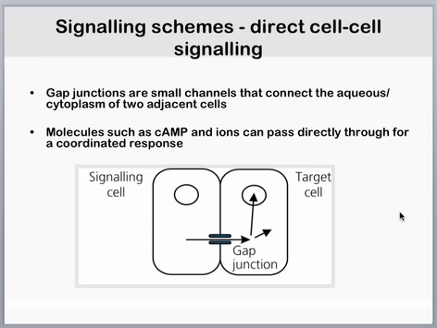Typically this channel is very narrow. It doesn't allow for the passage of large proteins, but allows for the passage of small molecules, such as our second messengers we've discussed earlier, cyclic AMP. I'm sure there are examples of this for the passage of calcium ions as well. And that's signaling through these gap junctions.